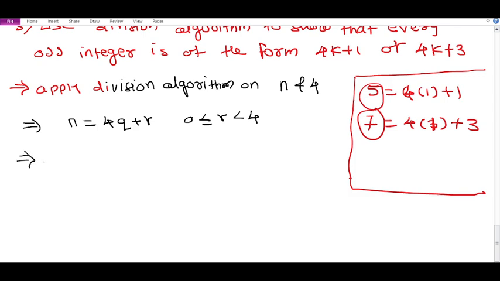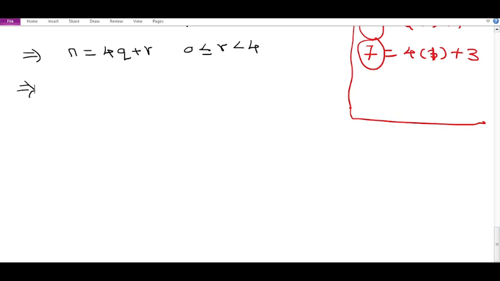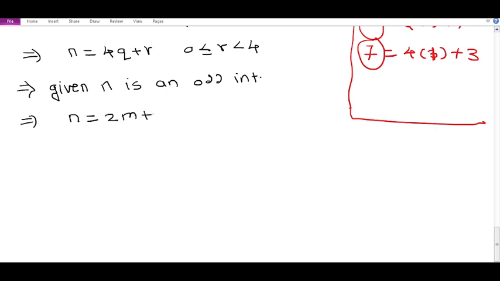Now since n is given as an odd integer, this implies n can be written as 2m plus 1 for some integer m.